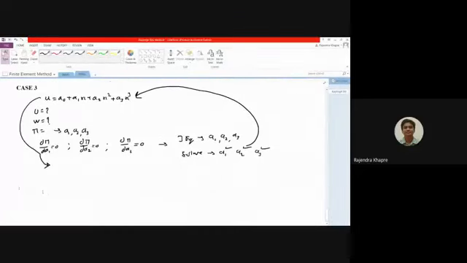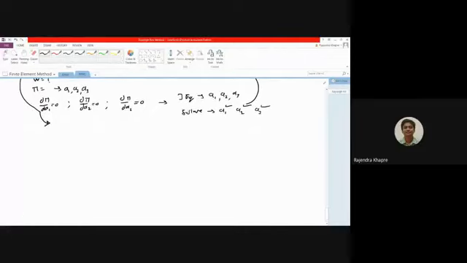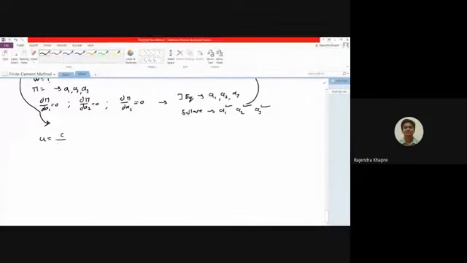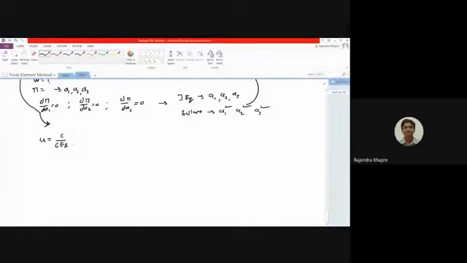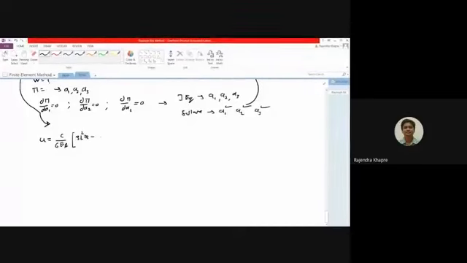Let me write down the values. The final expression for u will be c divided by 6 times EA multiplied by 3l square into x minus x to the power 3.